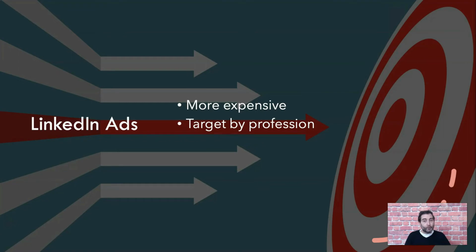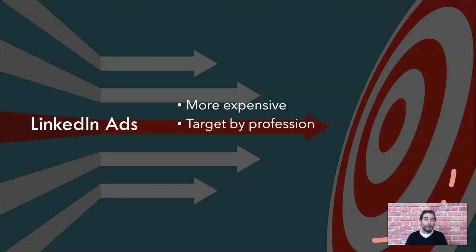So if you're a mortgage broker or financial advisor who has niched based on the kind of job or profession that people have got, then sometimes it's a lot easier to find those people and target them on LinkedIn than it is on Facebook, because basically on LinkedIn, everyone tells LinkedIn what they do for a living. So LinkedIn has a really good, reliable data set as to what all of its members do for a living, whereas people don't tend to tell Facebook what they do for a living.